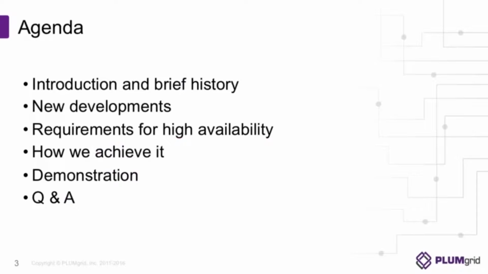Then we will look into the new developments that are enabling companies like mine to provide software-defined networking for OpenStack clients and operators. Then we'll go over some requirements, or basically see what is needed to achieve high availability, and obviously we will share how we achieve that on our side.